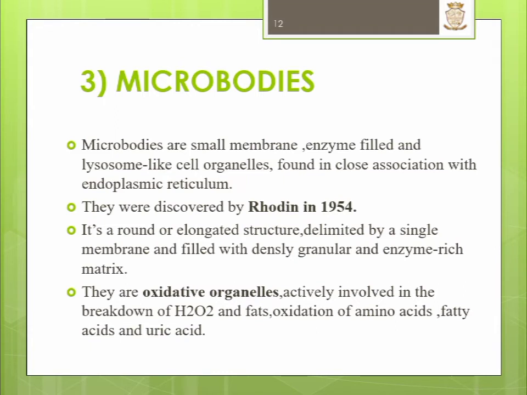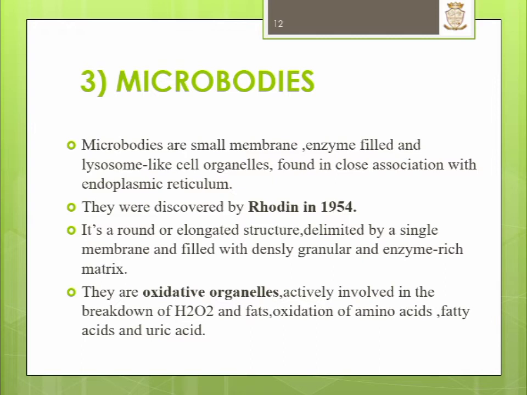So next we have to discuss the third kind of cell organelle, microbodies. Microbodies are small membrane-bound, enzyme filled, lysosome-like cell organelles found in close association with the endoplasmic reticulum. They were discovered by Rhodin in 1954.